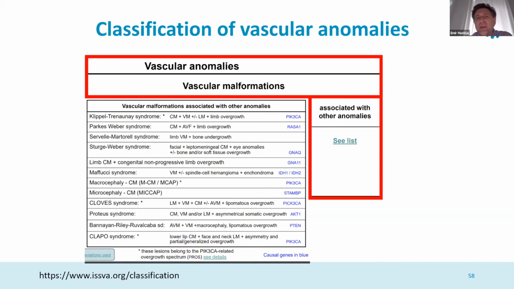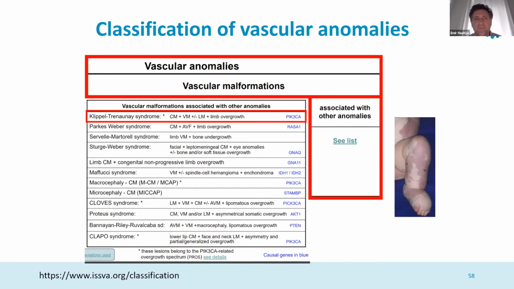In this way, you can find out whether some of these vascular malformations associated with these anomalies are genetically based, and what is the genetic basis of the disease of the patient that you are currently treating. But this is the only thing that you will know. You will not really know out of this how to treat the patient. How to treat the patient is another story.